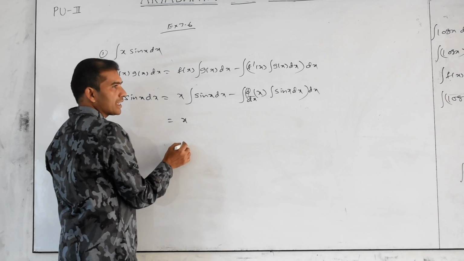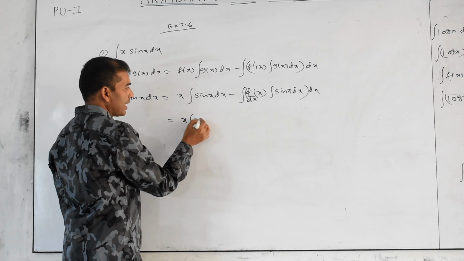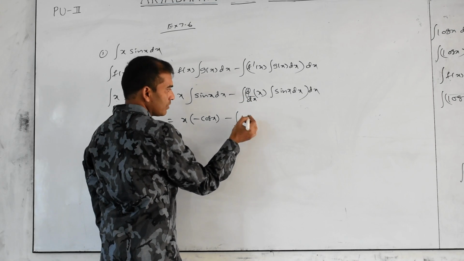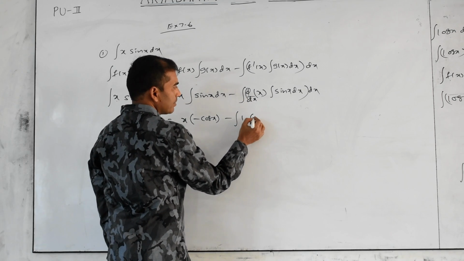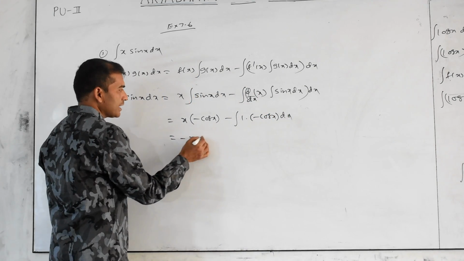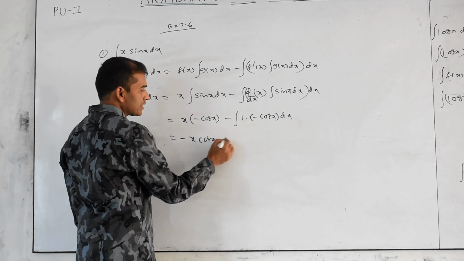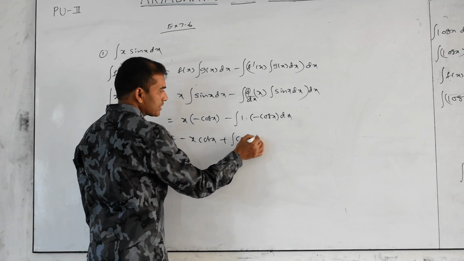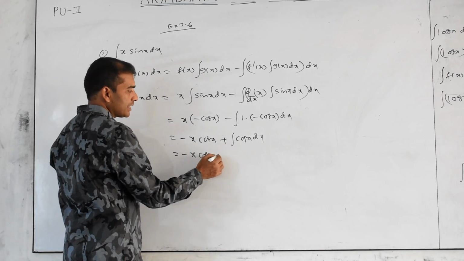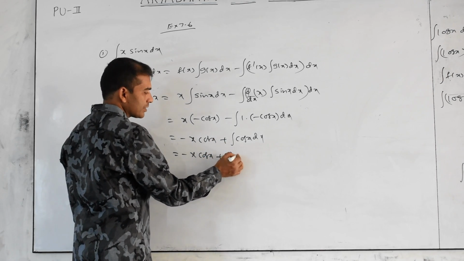X into integration of sin x is minus cos x, derivative of x is 1, integration of sin x is minus cos x dx. So minus x cos x, minus minus plus, integration of cos x dx. So minus x cos x plus integration sin x plus c.